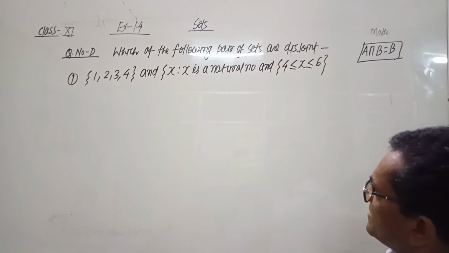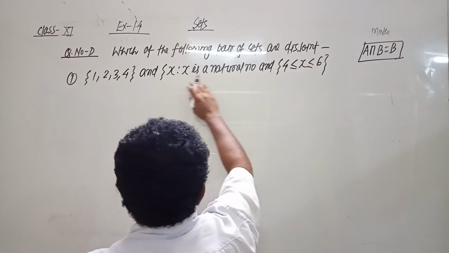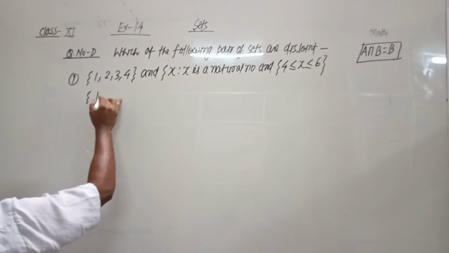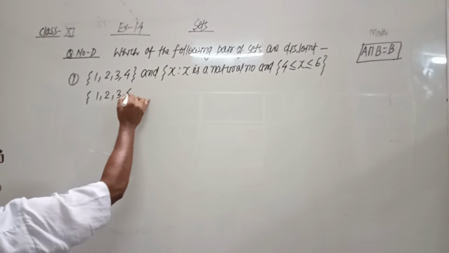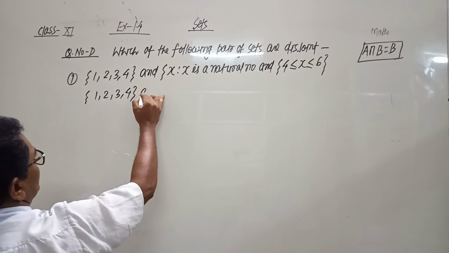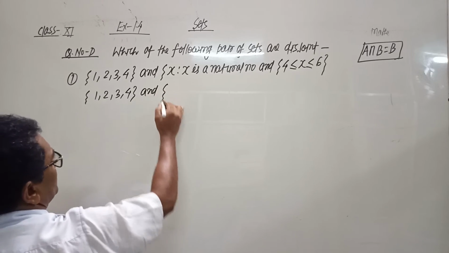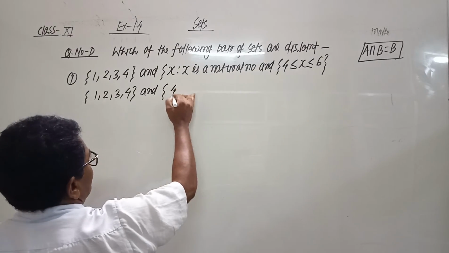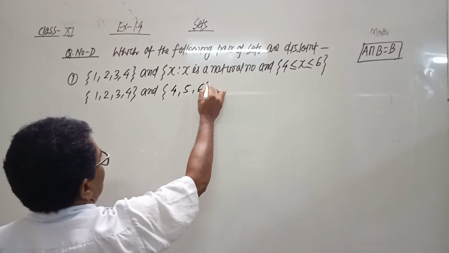When we write the second set in roster form, what would come? 4, 5 and 6.